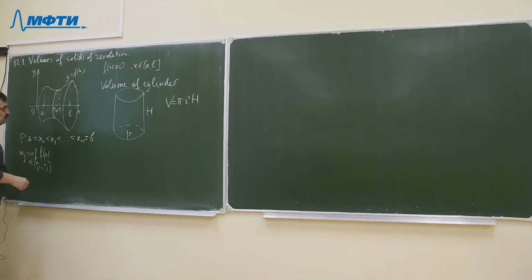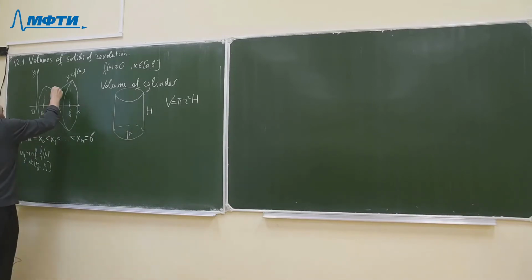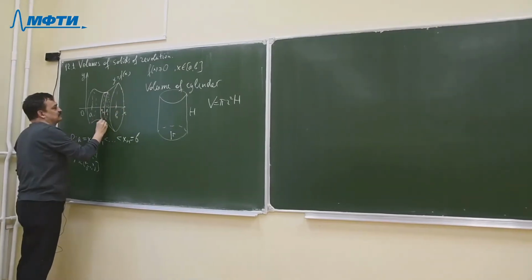And then what we'll do, if we rotate, instead of our graph, this straight line, then what we'll obtain is a small cylinder, right?